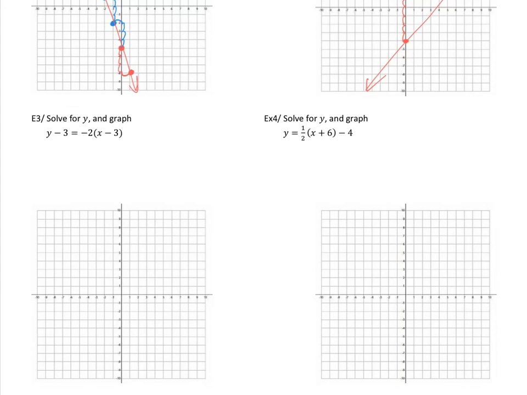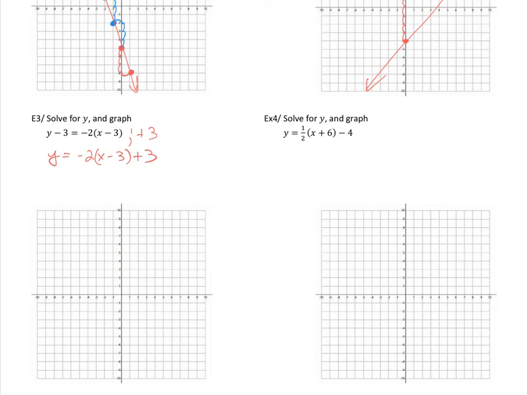So you'll see with example 3 and 4, so example 3, y is not completely solved for, so we will have to solve for y. And we'll do that by adding 3 to both sides. So add 3. And that looks like we will have some sort of equation like y equals negative 2x minus 3 plus 3.